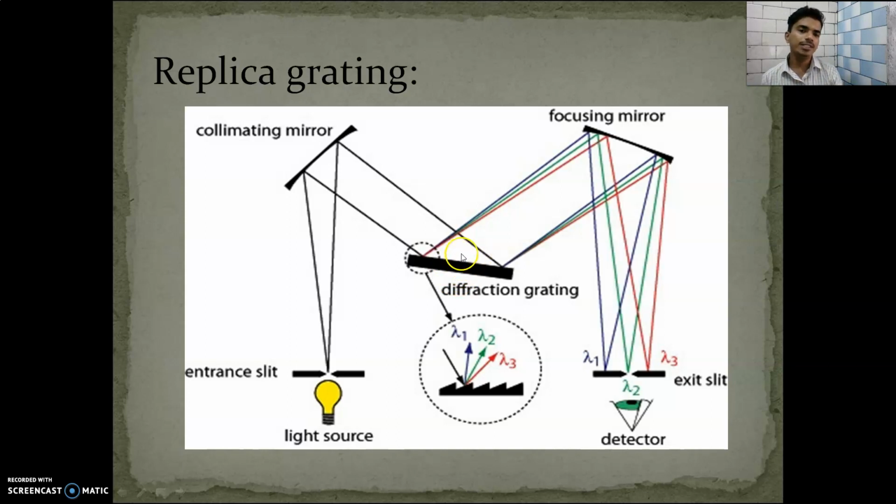The light incident on it passes by constructive interference onto the focusing mirror, which focuses it towards the detector, and selectively the lambda wavelength passes from the exit slit.